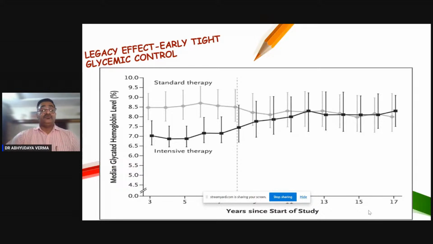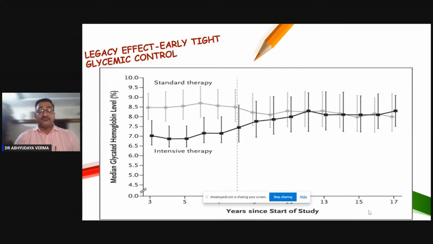Before this, we should understand the legacy effect, which says that blood sugar control should be good from the beginning itself, because of the metabolic memory. If the intensive sugar control is good from the beginning compared to the standard HbA1c control, as you can see in this graph, the microvascular complications are quite less.